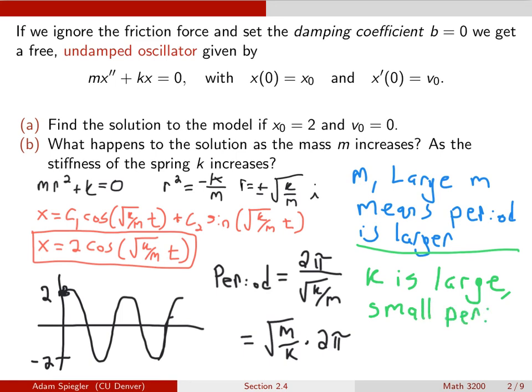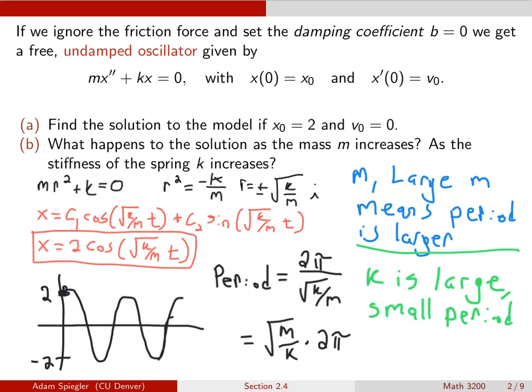Because as we increase k, that's making the period really, really small. And so that means the frequency of the oscillations, we're going to get a lot of oscillations in a really small amount of time. So the stiffer the spring is, the faster it's going to go from its position 2 centimeters to the right to 2 centimeters to the left and back at 2 centimeters to the right.